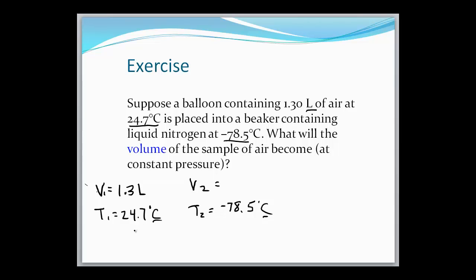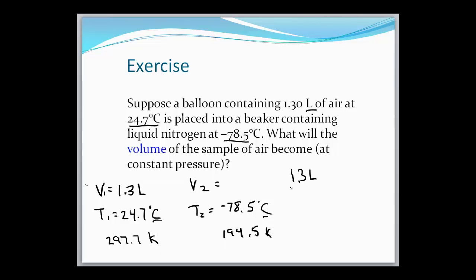So if we add 24.7 plus 273, we get 297.7 Kelvin. Do the same thing over here. Add 273 to negative 78.5 and we get 194.5 Kelvin.